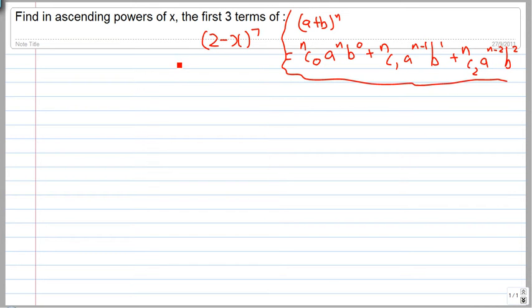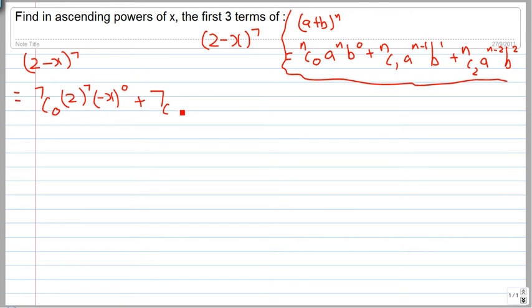Alright, so let us attempt to expand 2 minus x to the power of 7. So n is 7, 7C0. Your first term is 2, so 2 to the power of 7 times minus x to the power of 0. Anything to the power of 0 is just 1.